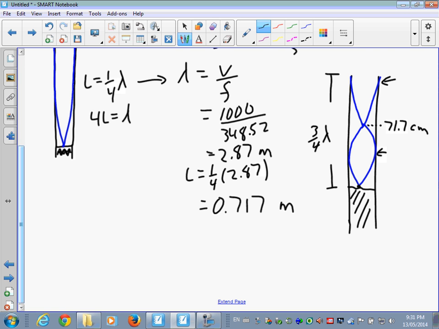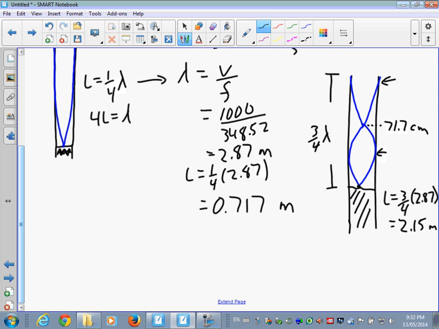We already figured out the wavelength is 2.87 meters. So the length in this case is 3/4 of 2.87, which gives you 2.15 meters.